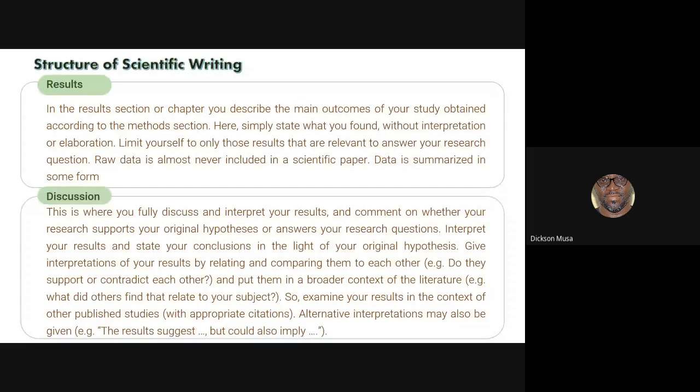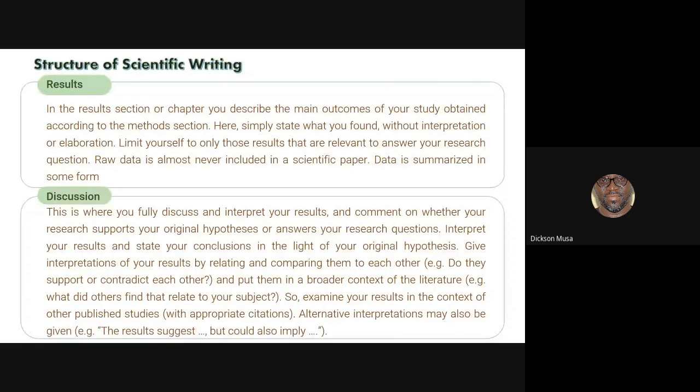You must be able to compare it with similar work that has been done in the field before you, and find out whether it correlates with your own finding or contradicts what has been reported before in literature. So examine your results in the context of other published studies with appropriate citations. You must cite people when you use their work.